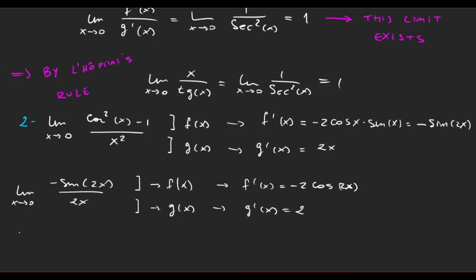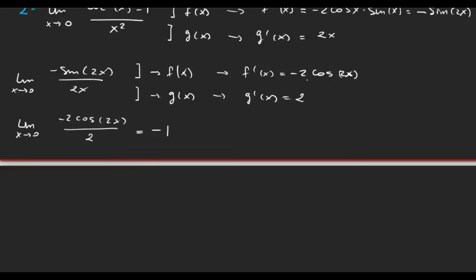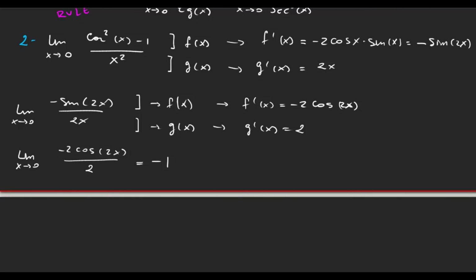And we calculate the limit of our new f prime divided by our new g prime, so minus 2 cosine of 2x divided by 2, and this is just minus 1. So then what we can say is this limit exists.